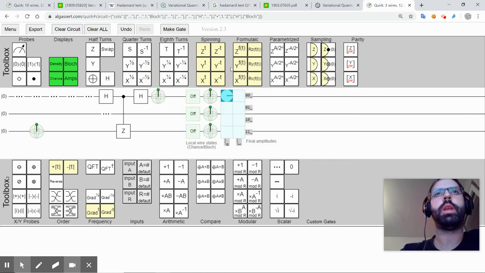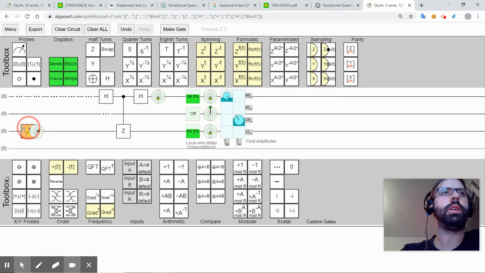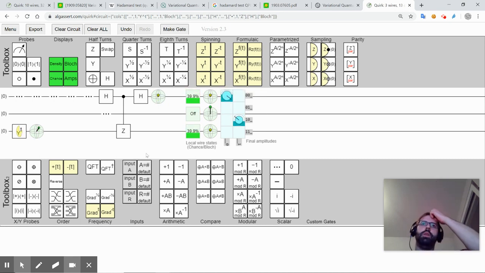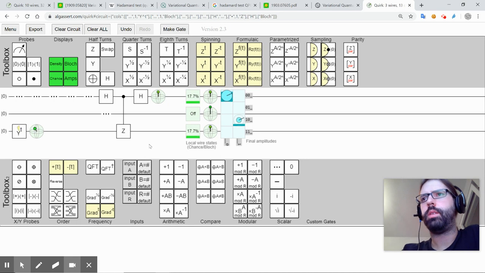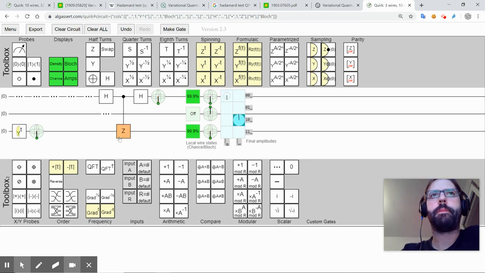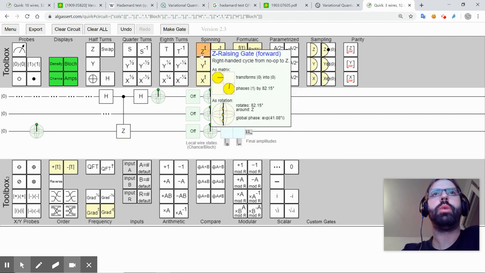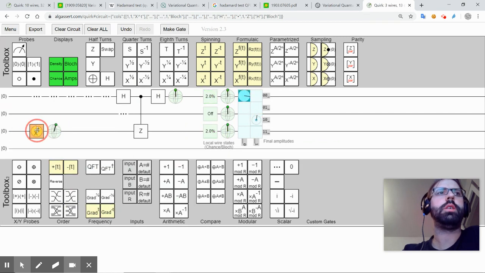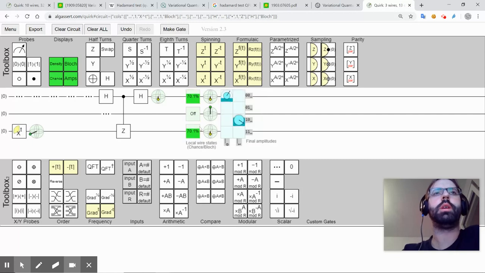But if I, for example, apply a Y rotation gate, this is literally copying. This is just copying the probability. No matter what I do, if I do an X rotation gate, it's copying. It's a useful trick. So you're copying the probabilities. That's definitely something to remember.